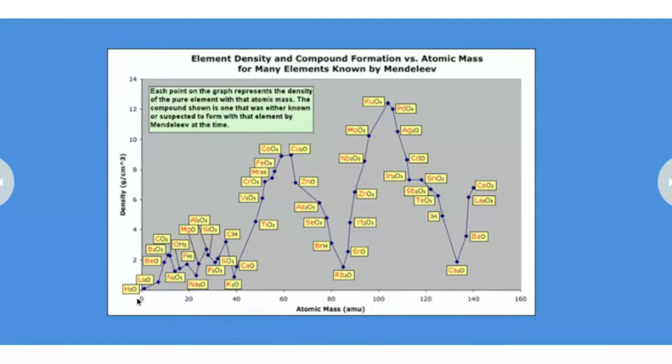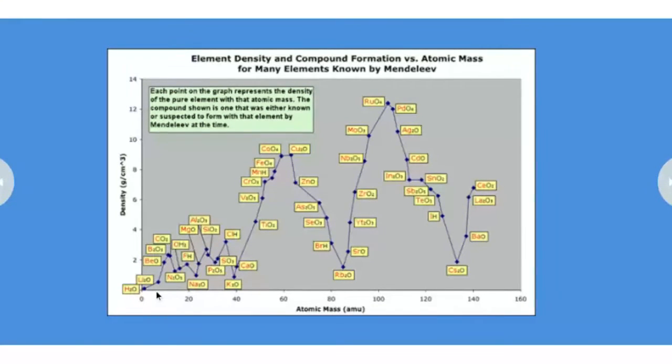And as we go to bigger and bigger masses, this is why we call it the periodic table. Because if you think about it as a function, the function is going up and down, up and down, and in regular kind of periods, you see the differences are equal. So this is called the periodic table. The spaces between the two low points would be equal from here to here and here to here.